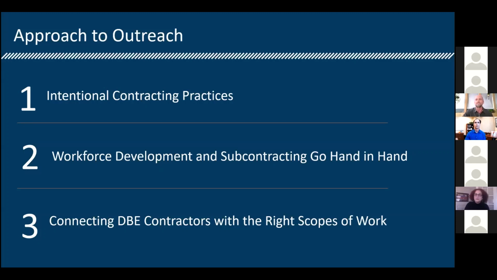We have the relationships in place with the pre-apprenticeship organizations and the union and non-union apprenticeship organizations. We actually know people of color, and we know how to make our projects representative of the communities that they take place in. Third, we have a well-established process of connecting DBEs with the right scopes of work in a fair manner aimed at maximizing growth and success.